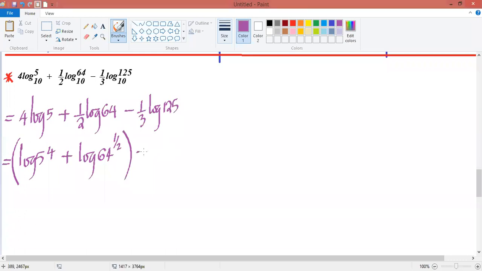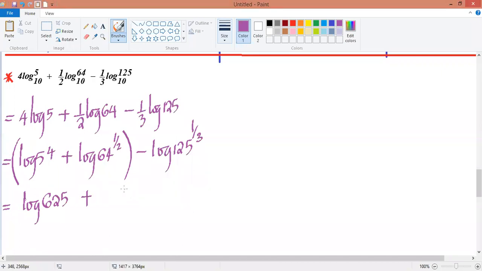Minus log 125 to power third. Next, we go to the brackets and we say log 5 to power 4, which is 625.